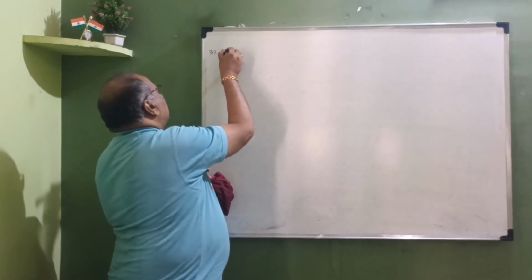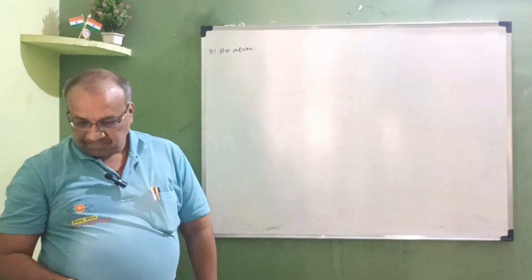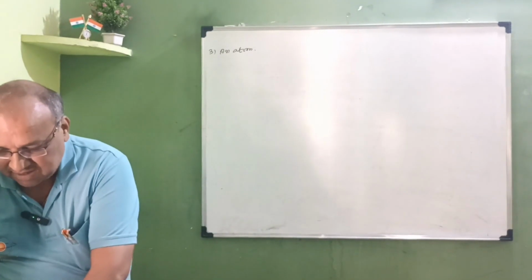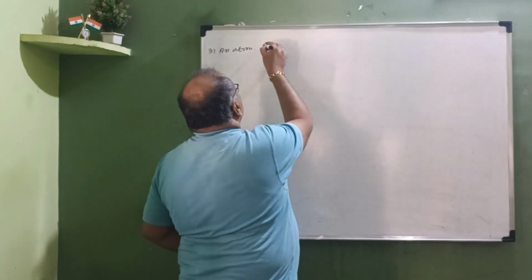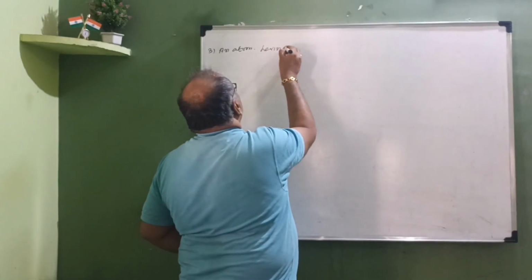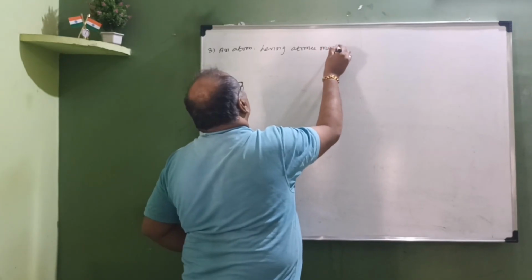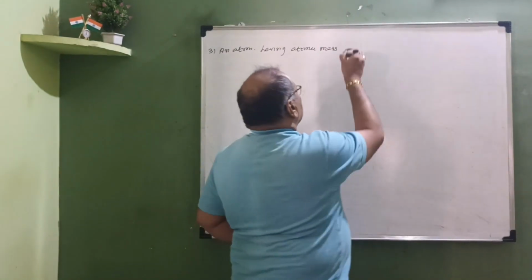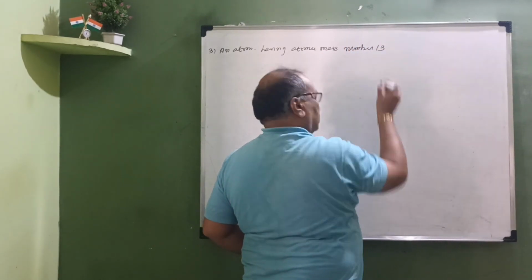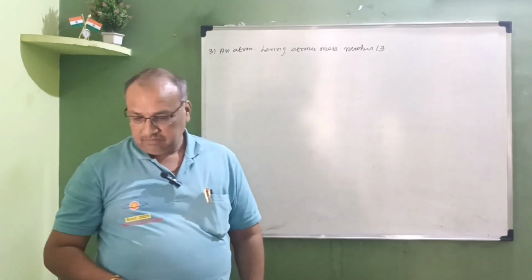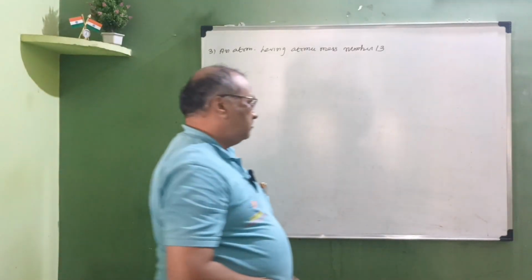An atom having atomic mass number 13 has 7 neutrons.